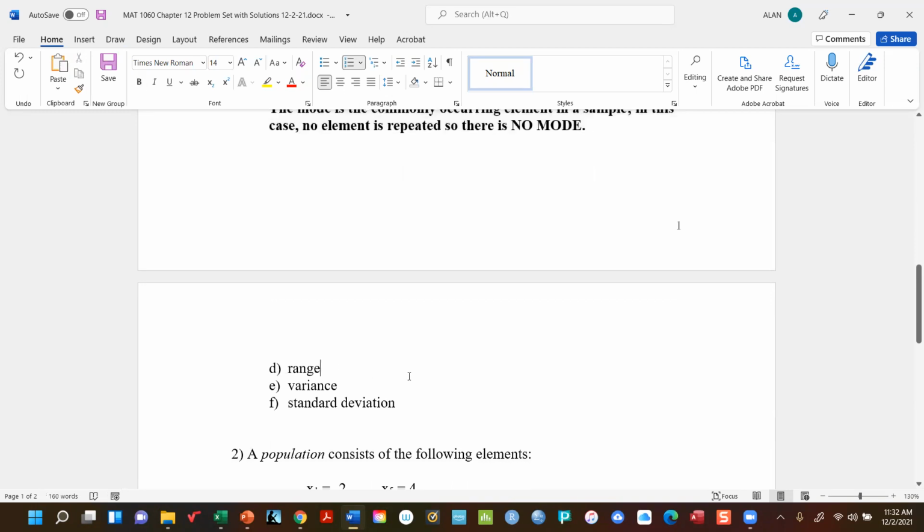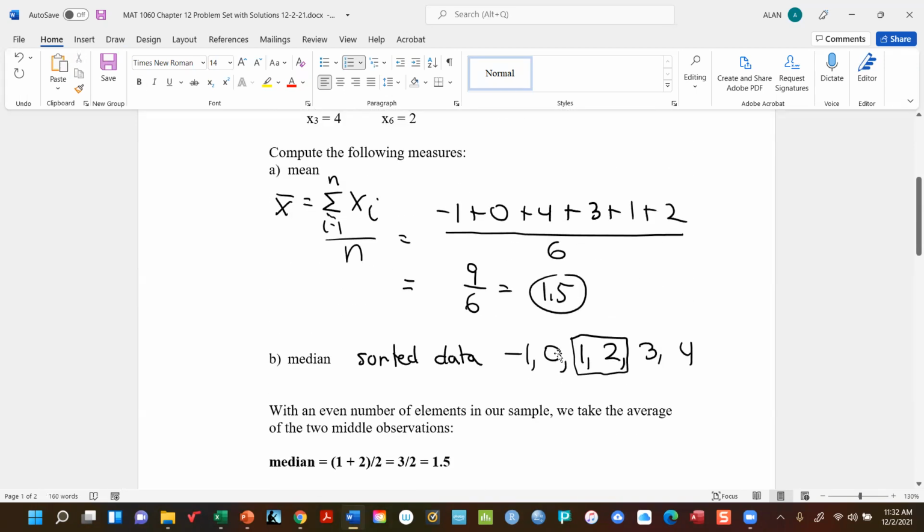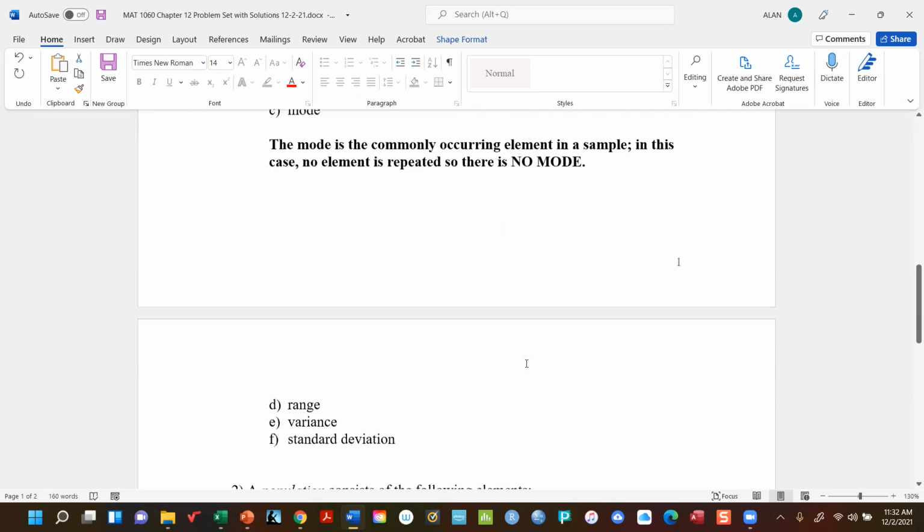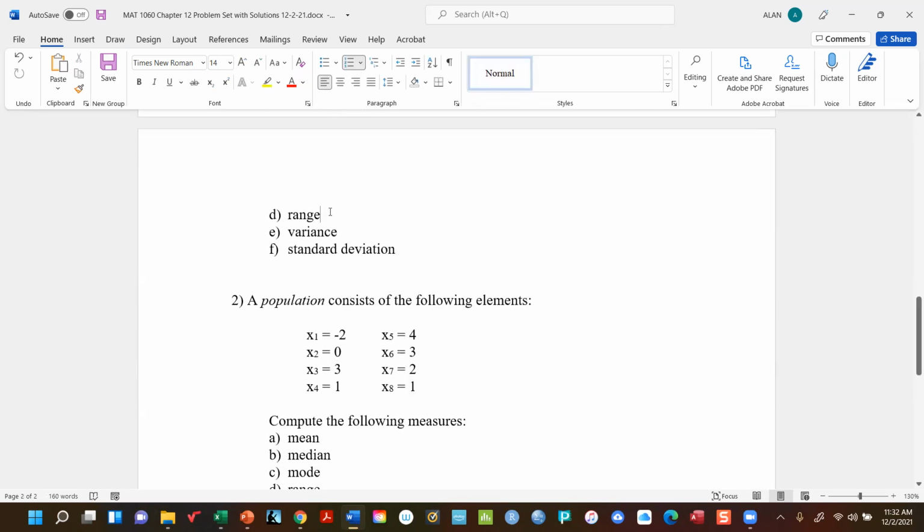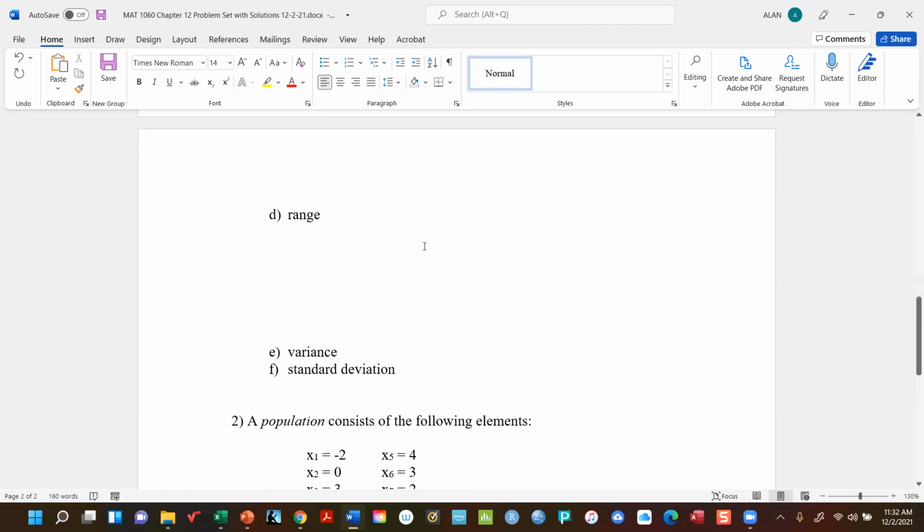All right, now the range. Again, let me go grab the sorted data for you so you can see what I'm doing. Oh, what happened? Somehow the 4 got left behind. All right, let me put that in here.